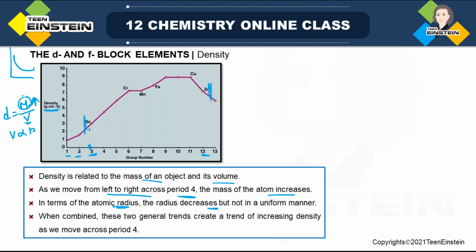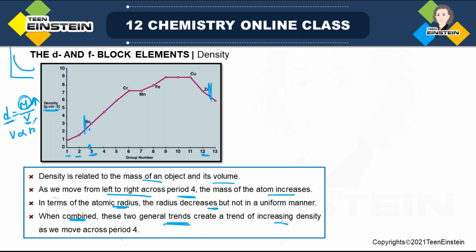When M is increasing, density will increase, but when volume increases, density will decrease. So when we combine these two general trends, one for mass and another for atomic radius, which is related to volume, they create a trend of increasing density as we move across the period.